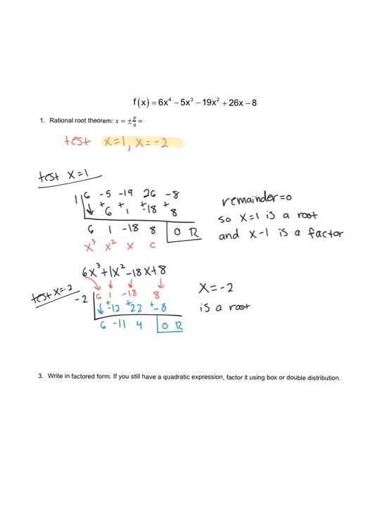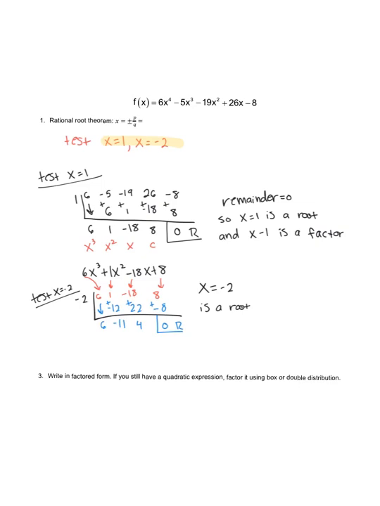So picking up from where we left off yesterday, we already did the synthetic division on both of the roots that I wanted to test. Since you got a 0 as your remainder, that means that number that you are dividing by is a root. And if you flip the sign of that number and attach it to an x, it becomes a factor.